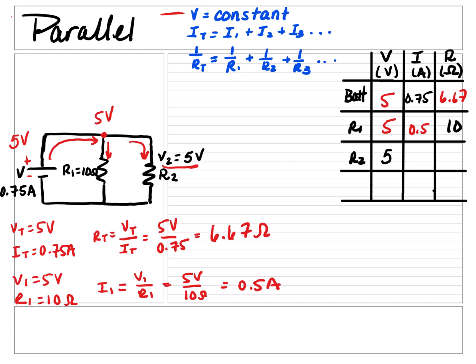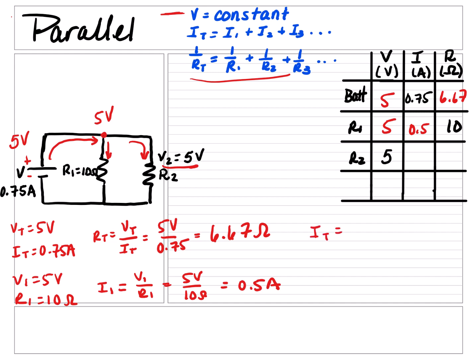So again, just like the previous problem, we could solve for the total current and then use Ohm's law to find R, or we could use the total resistance formula and find R, and then use Ohm's law to find current. In this case, it is a lot easier if you find the total current first, because then you don't have to deal with fractions.